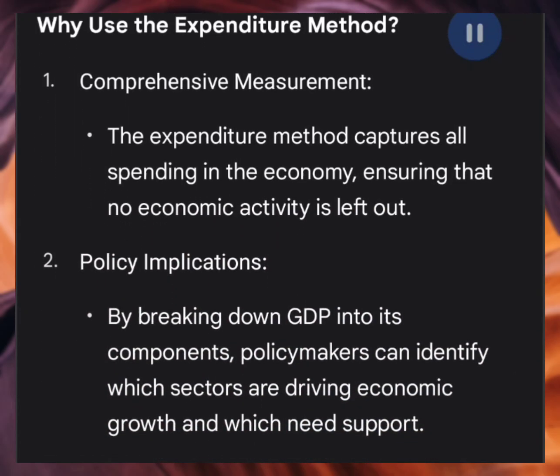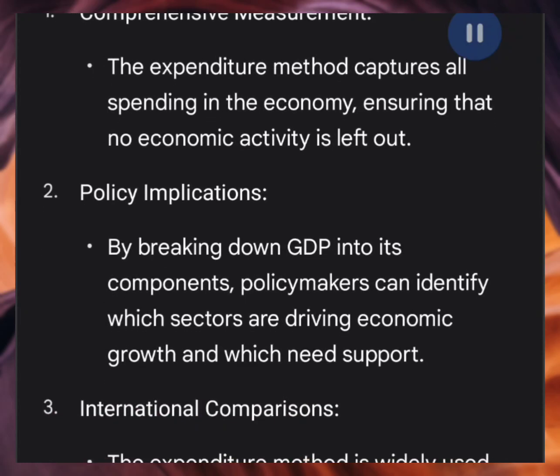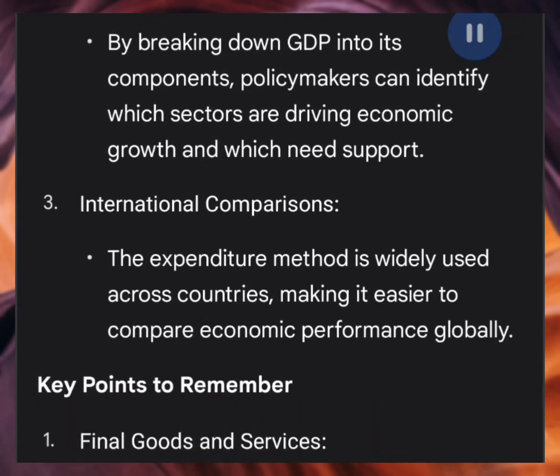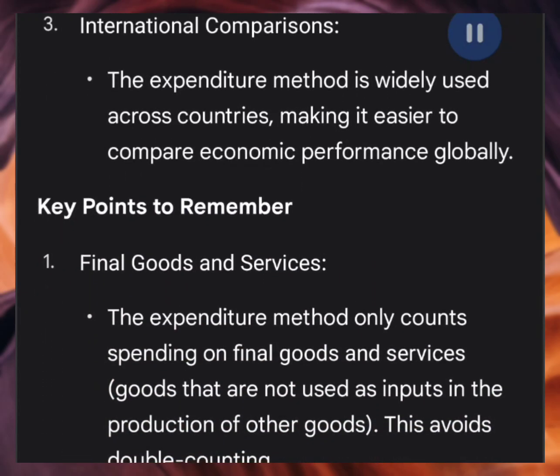The expenditure method captures all spending in the economy, ensuring that no economic activity is left out. 2. Policy implications. By breaking down GDP into its components, policymakers can identify which sectors are driving economic growth and which need support. 3. International comparisons. The expenditure method is widely used across countries, making it easier to compare economic performance globally.